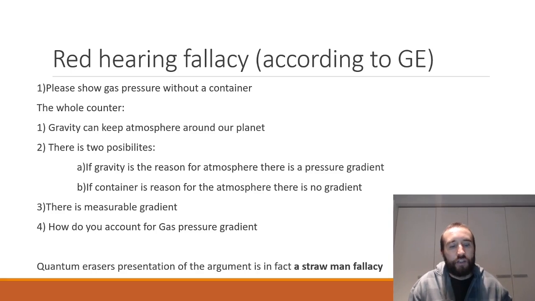And it looks like it's not actually addressing the original point, and it's not. The reason is that it's actually attacking the presupposition that the original claim was making.